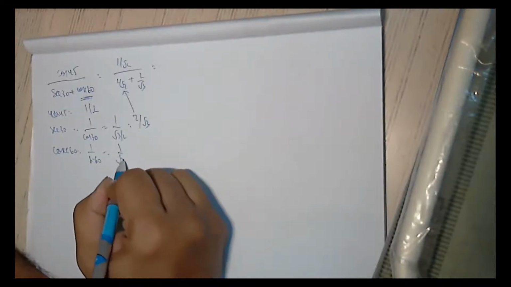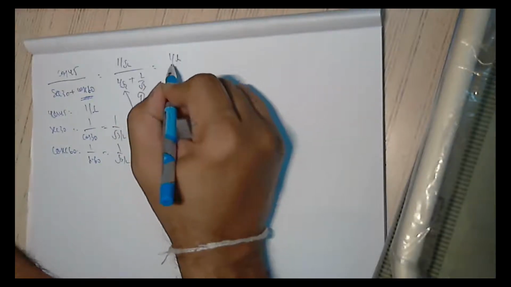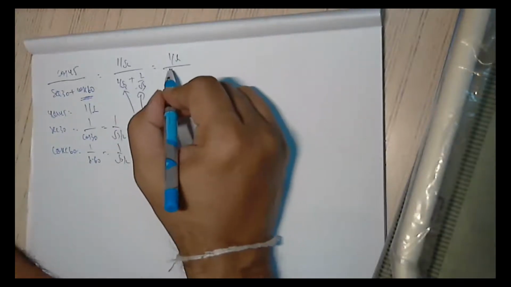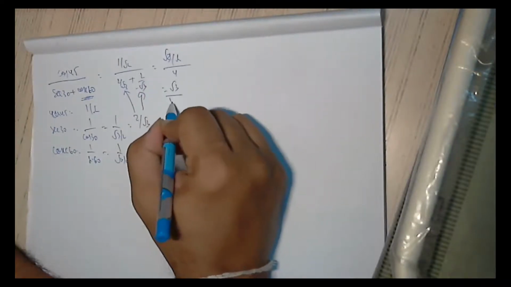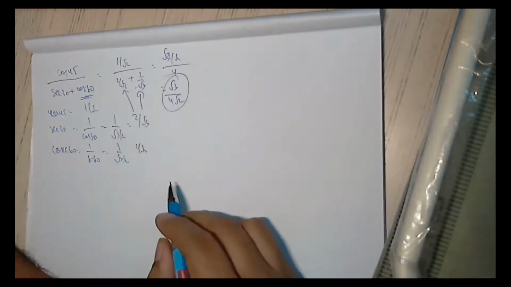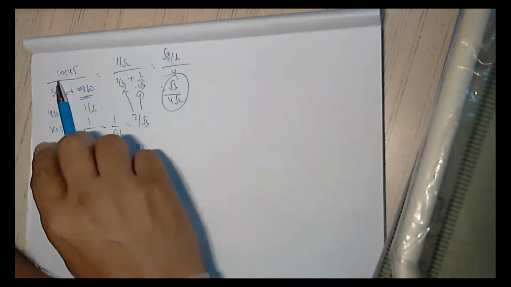That is 1 by root 3 by 2, 2 by root 3. So these two together: 2 by root 3 plus 2 by root 3 is 4 by root 3. Root 3 goes to top. So root 3 by 4 root 2. That is the answer.